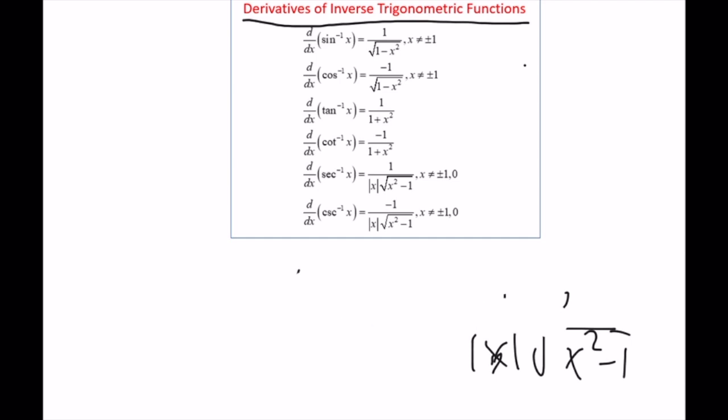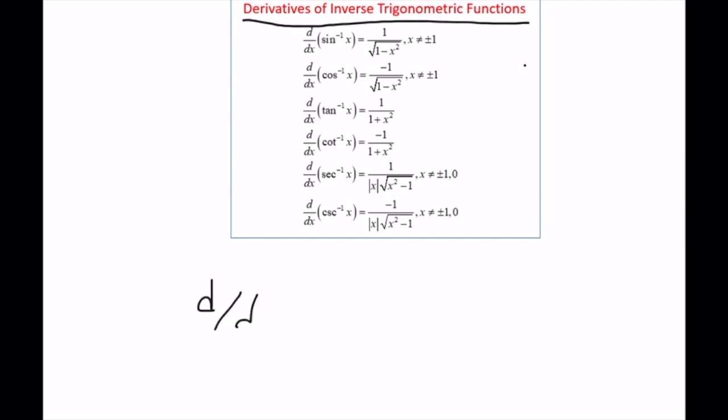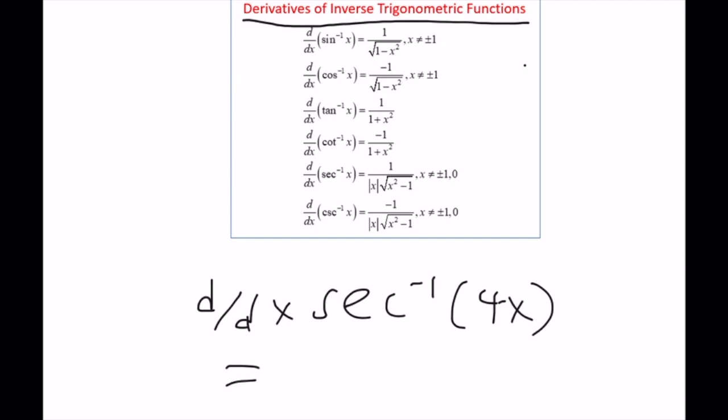In order to do that, let's do a practice problem. We have d over dx of the same problem, but this time secant inverse of 4x. We're first going to use the formula, and once again we need to use the chain rule.